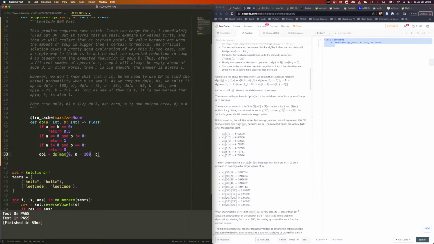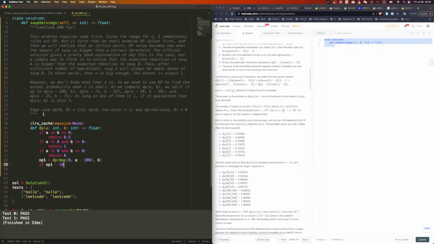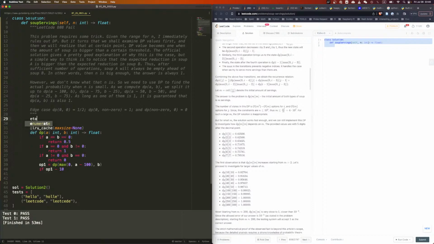If 1 minus op1 is smaller or equal to eta, where eta is equal to 10 to the minus 5, this is the error tolerance in online judges. Right, so if this is larger or equal to 1 minus eta, wait, no, hold on.